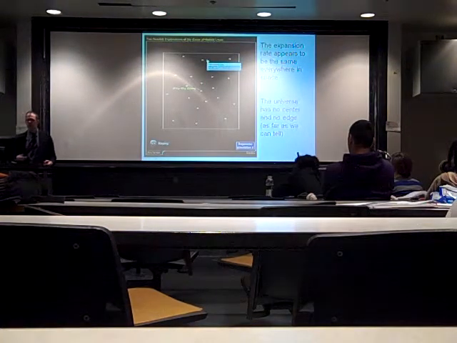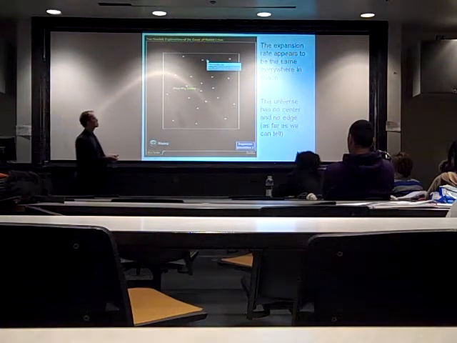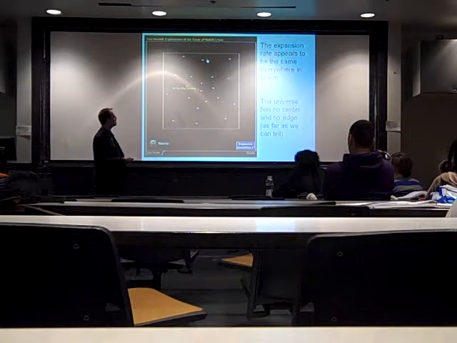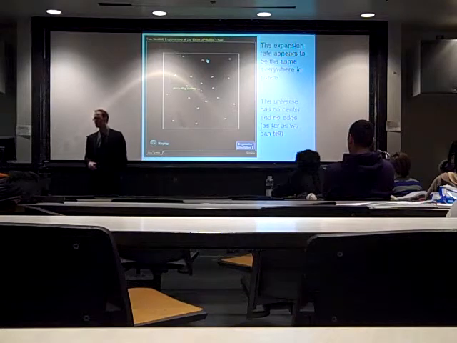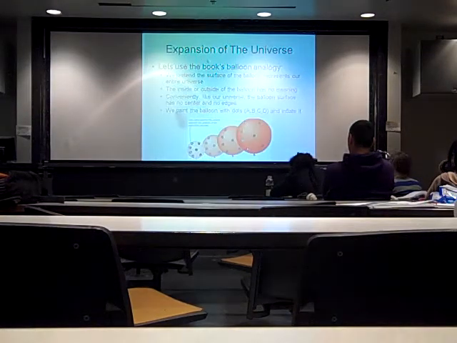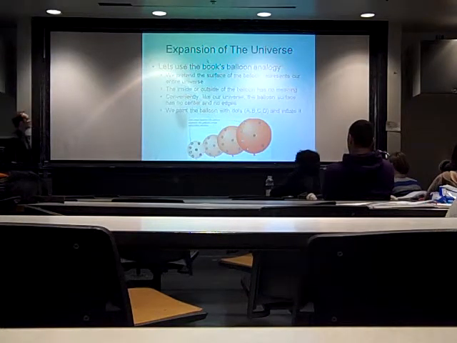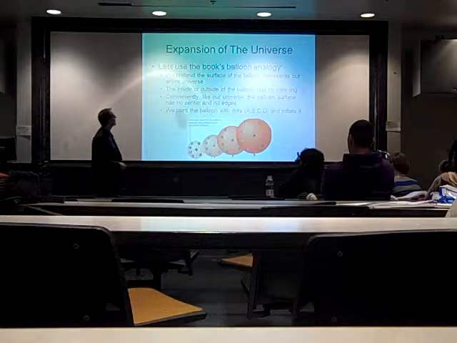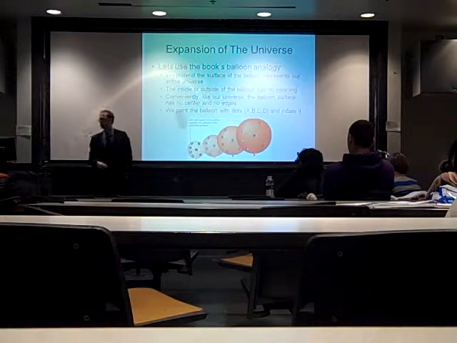Okay. So again, the rate appears to be the same everywhere in space. That's what the theory tells us. And the universe has really no center or edge as far as we can tell. So, I like this balloon analogy that your book uses. I think it's really excellent. So let's try to use that to figure out what we're talking about.